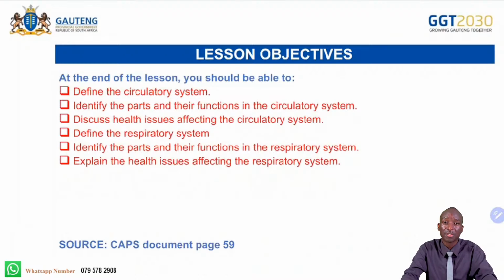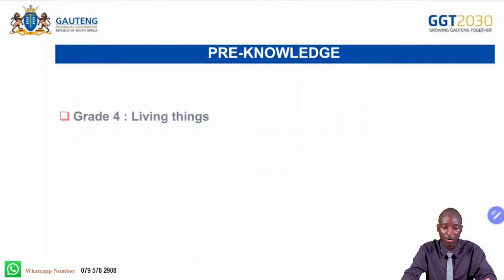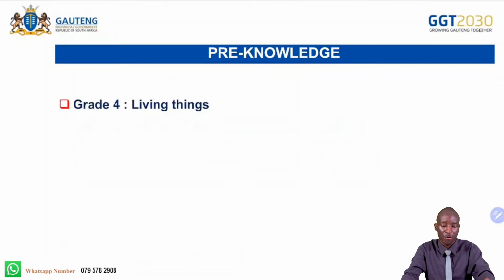With our objectives being analyzed, let's go through the pre-knowledge, what we need to recall. Grade 4, what we did in grade 4, the topic of living things. We have to recall the topic and all the information and the knowledge that we obtained from the lessons that we took under this topic of living things.